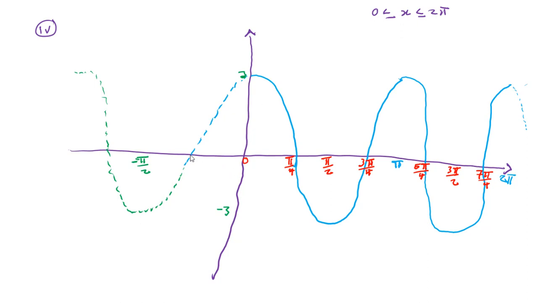So this point here on 0 will move half. And when it moves half, it's going to be somewhere there. Then there is this point here. When it moves half, remember, there is negative pi over 4.